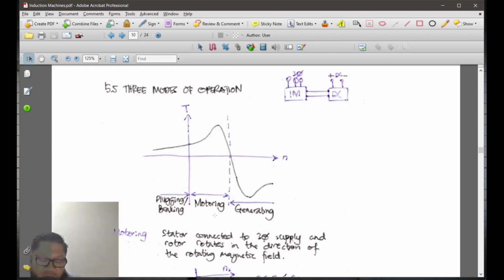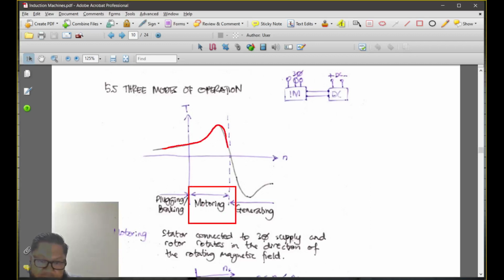Okay, first we look into the motoring state. This is known as the torque speed characteristic for an induction machine. So for induction machines, we have torque against speed. If we look closely, n equals 0. For an AC motor, an induction motor, we don't say it is a holding state, isn't it?